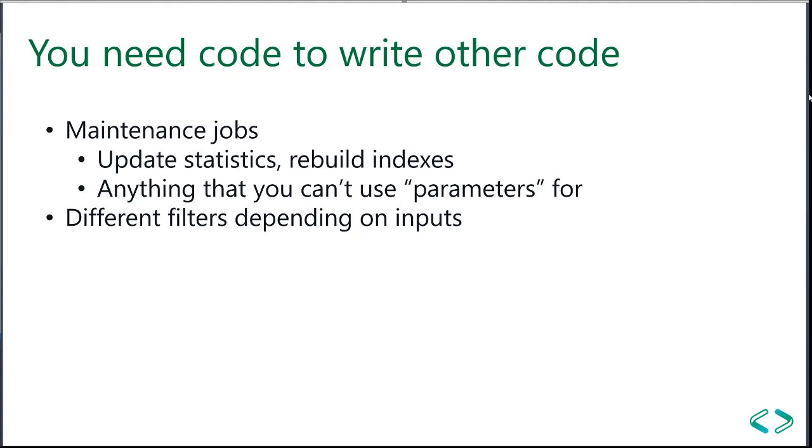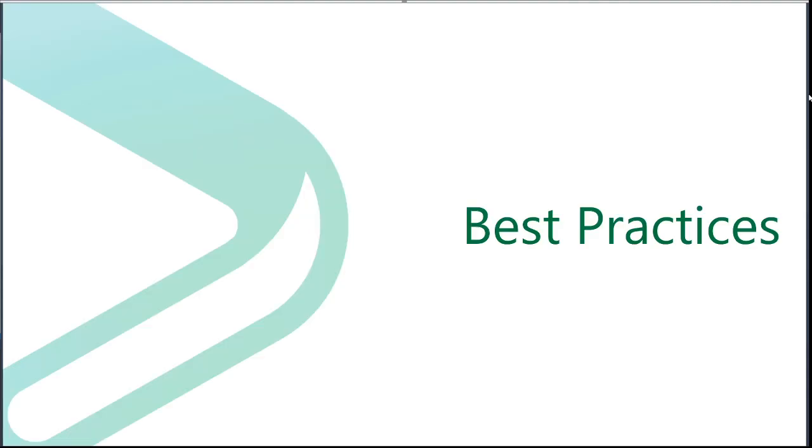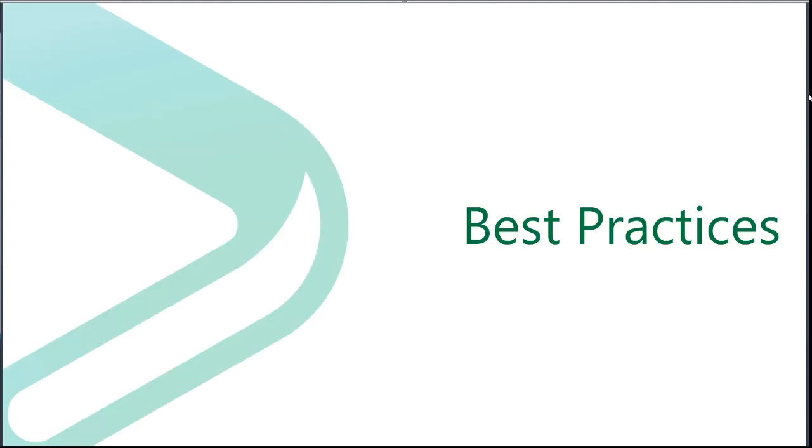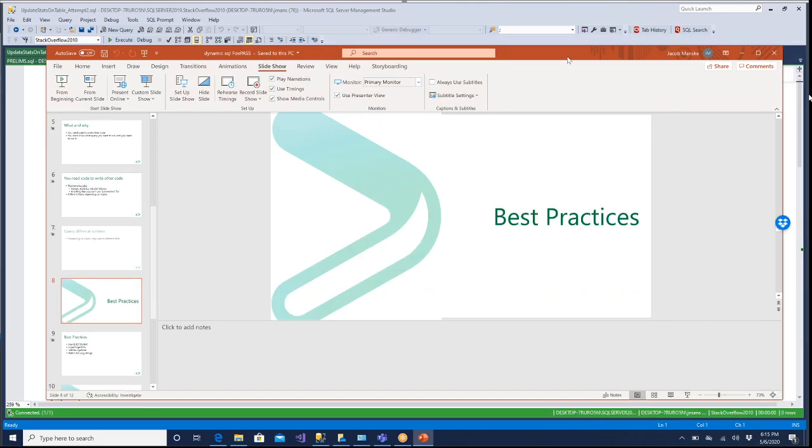That's one of his examples for the right way to use dynamic SQL. I'm not going to go over that again here, but that's another great example. We'll talk a little bit about best practices after I do a bunch of demos so that everybody knows what I'm talking about.